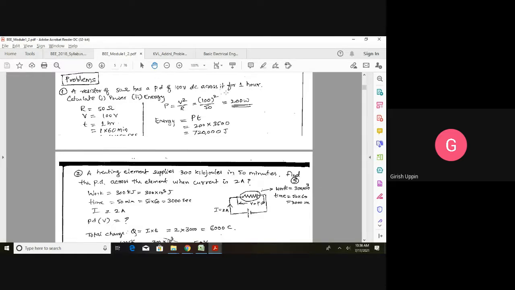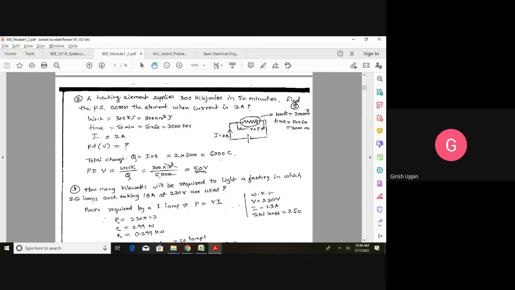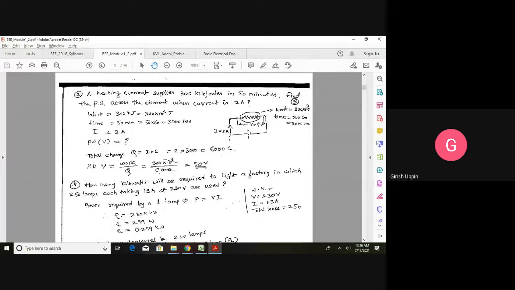And what would be the energy for 1 hour? Power into time. Here time is represented in seconds. So energy is represented in joules, because it is watt second or joules. Similar problems we can solve.